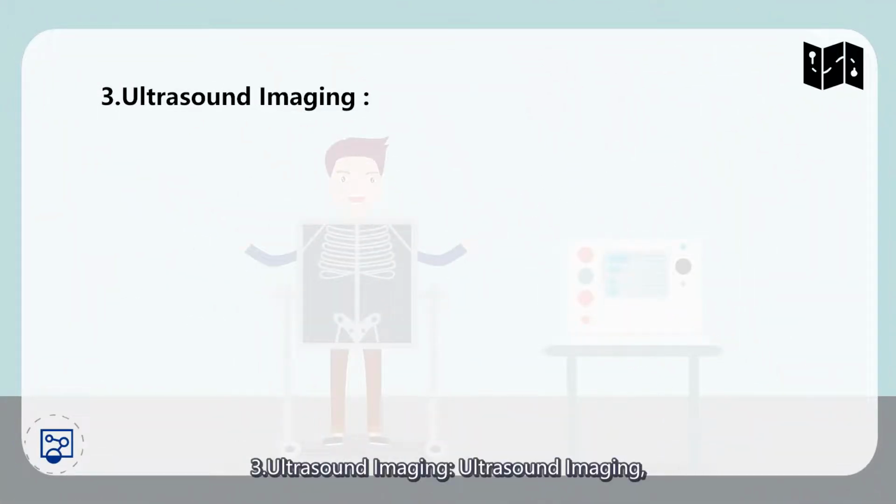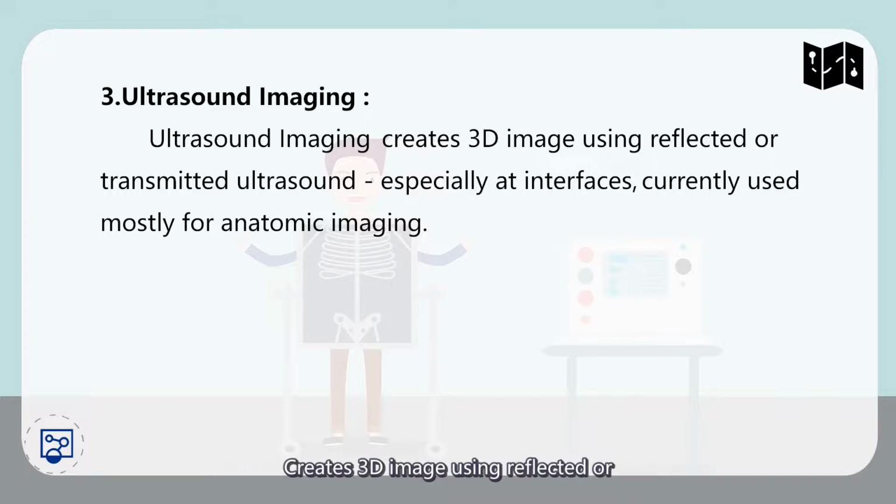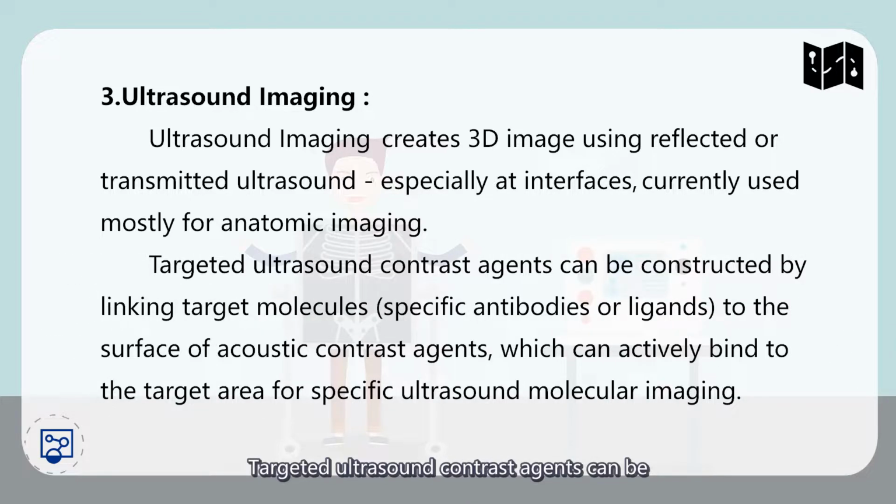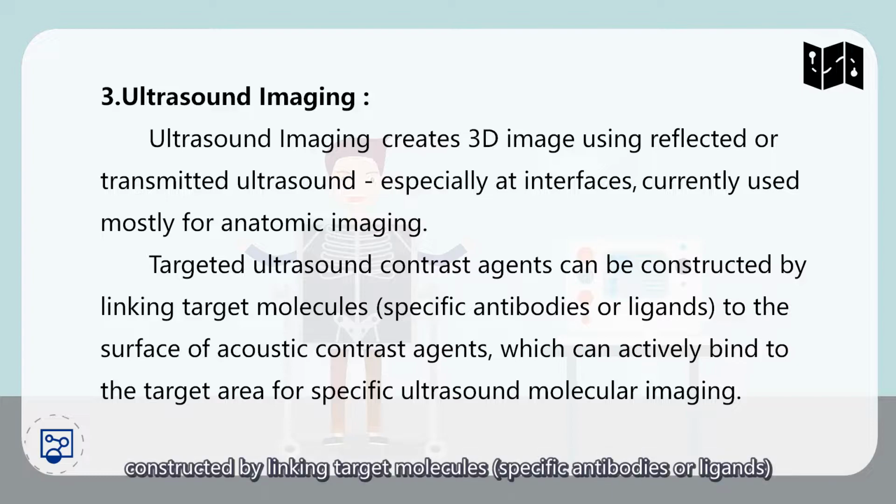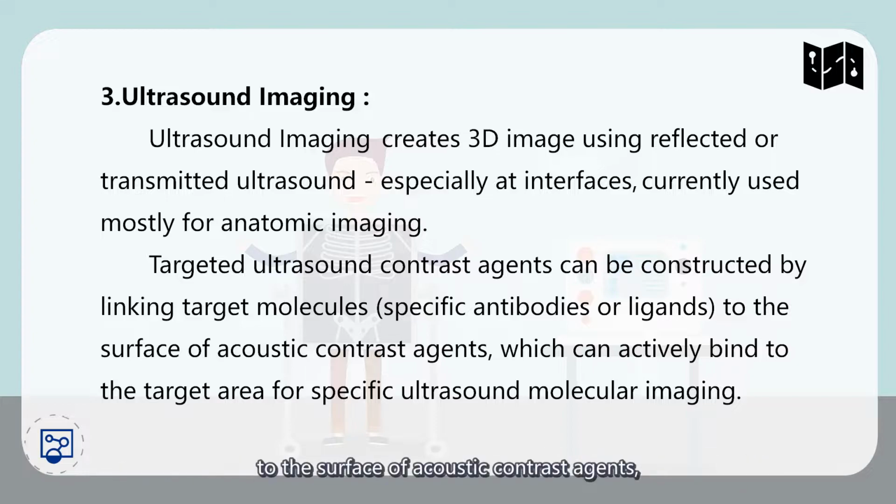The third, ultrasound imaging. Ultrasound imaging creates 3D images using reflected or transmitted ultrasound, especially at interfaces, currently used mostly for anatomic imaging, blood flow, tissue characterization or contrast, and increasingly sophisticated. Targeted ultrasound contrast agent can be constructed by linking a target molecule, for example, a specific antibody or ligand, to the interface of acoustic contrast agents, which can actively bind to the target area for specific ultrasound molecular imaging.